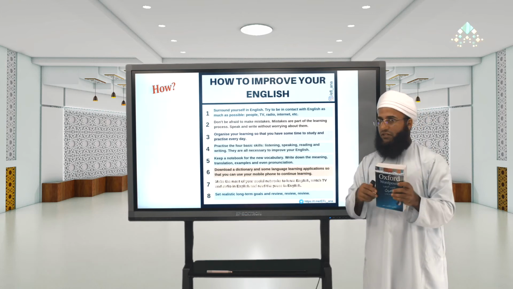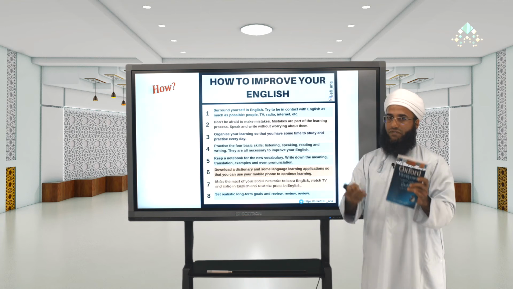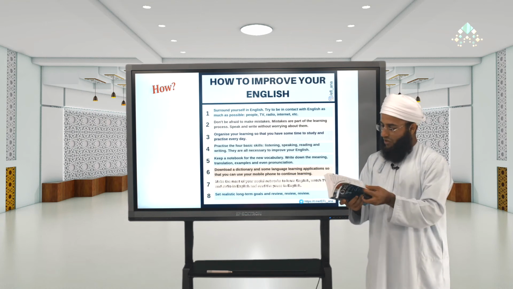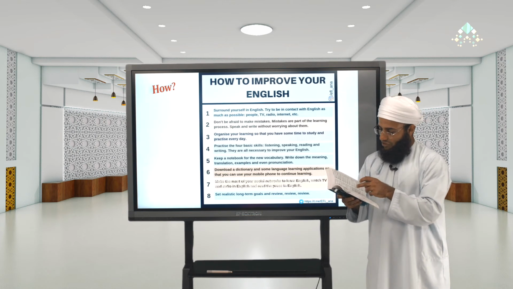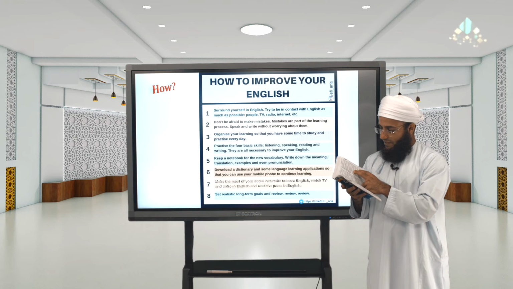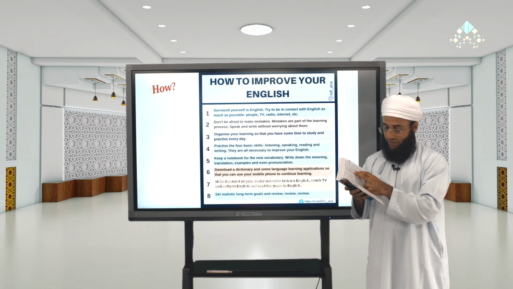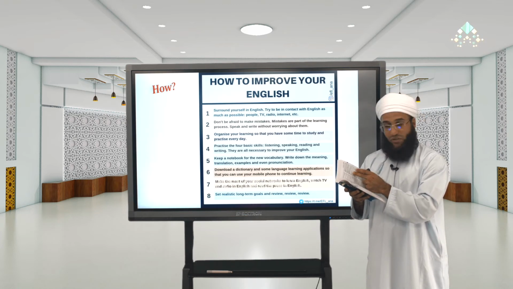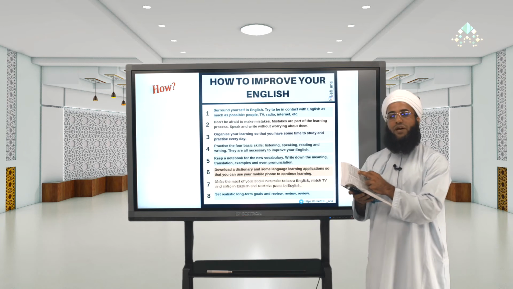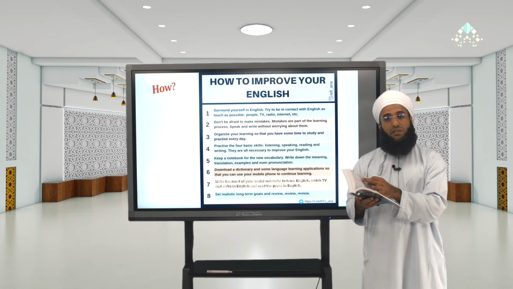I'm recommending this because it's available, and because it gives the meaning in English, the pronunciation, the part of speech, the meaning, and an example in English and in Arabic.